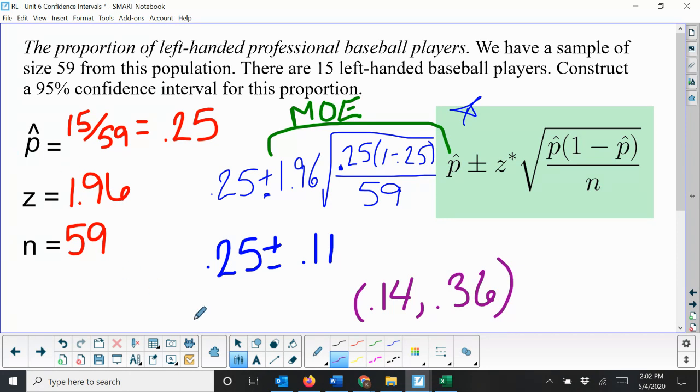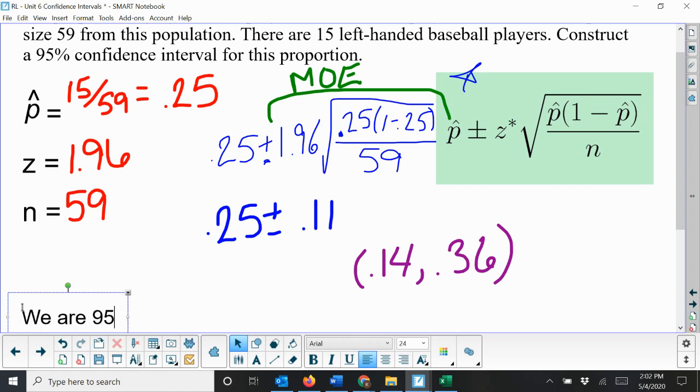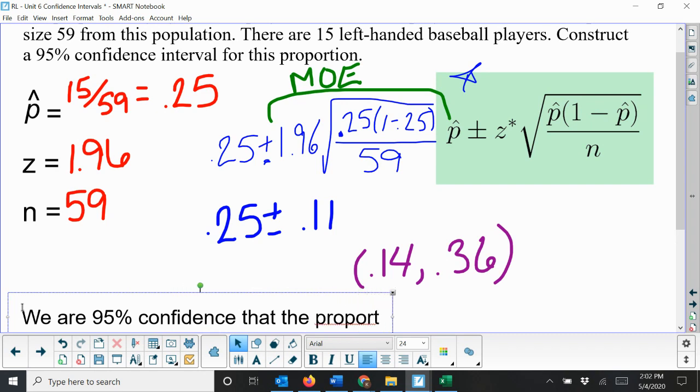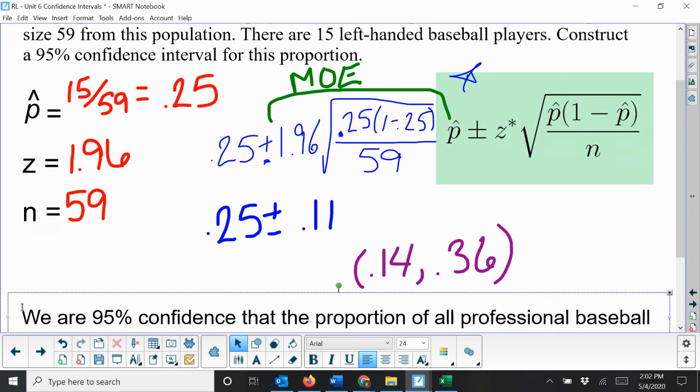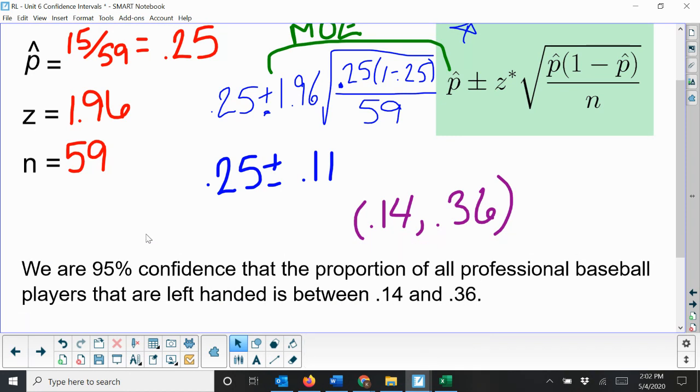So we are 95% confident that the proportion of all professional baseball players that are left-handed is between 0.14 and 0.36. And so that would be our statement.